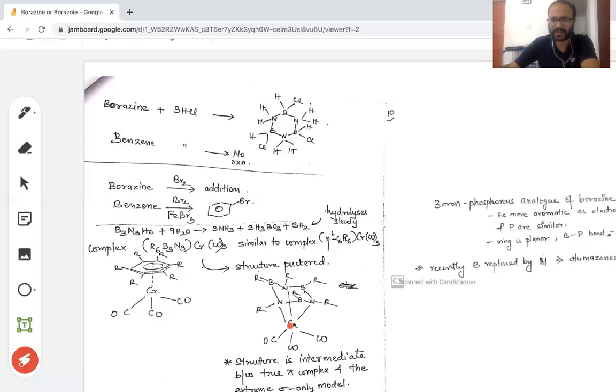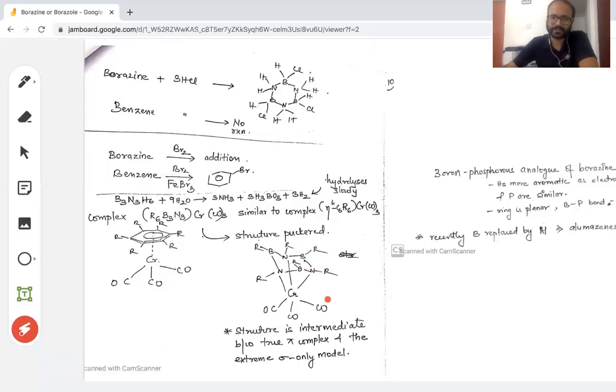It is a coordinate bond formed from the nitrogen to the metal atom rather than pi electron donation to the metal atom. So when it was benzene, it was a pi cloud coordinating to the metal atom, but in the case of borazine, it is the nitrogen atom that is coordinating, and they are not planar but puckered, having a kind of chair conformation.